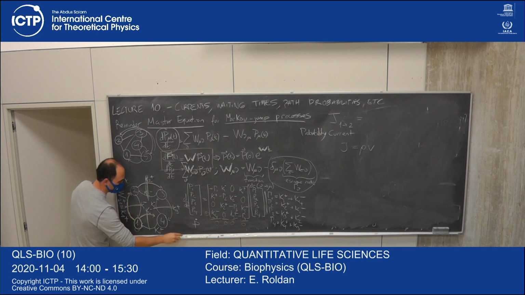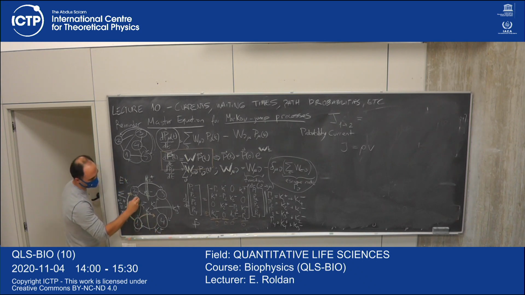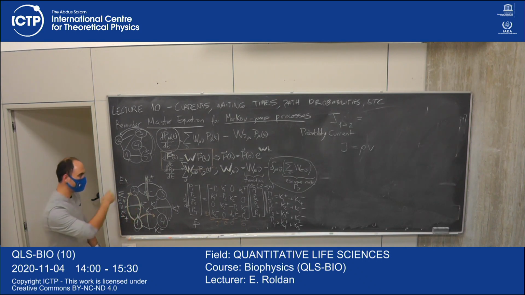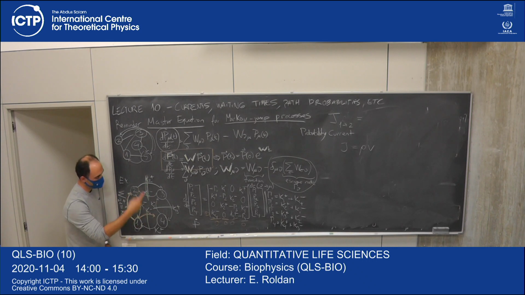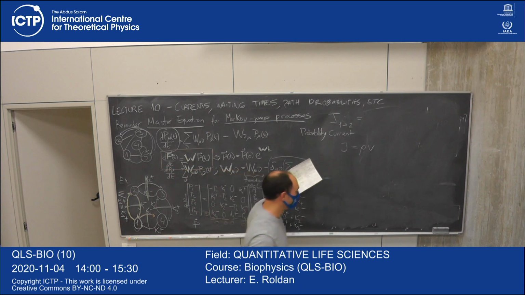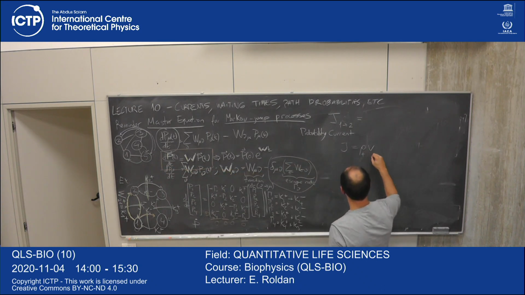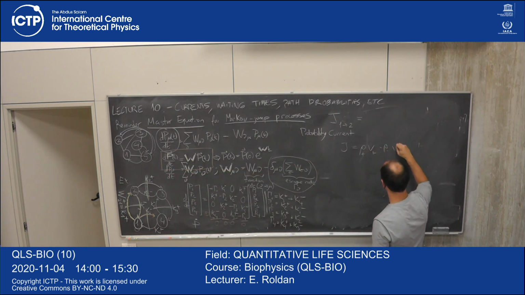And then you have the negative, which goes this way. This is a minus. So all you have to think is like particles moving in this network, and you sum 1 when you pass like this, and you sum minus 1 when you pass like this. Then, if you want to know the net current, the average current, you just do rho times V. So it will be rho plus times V plus minus rho minus times V minus.